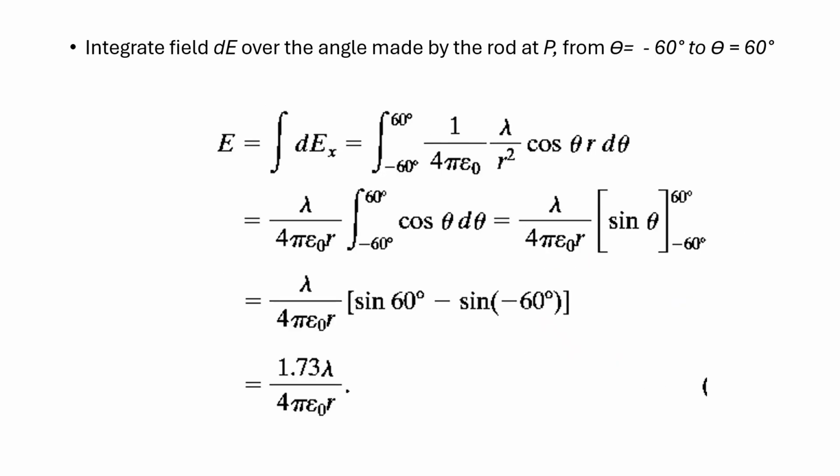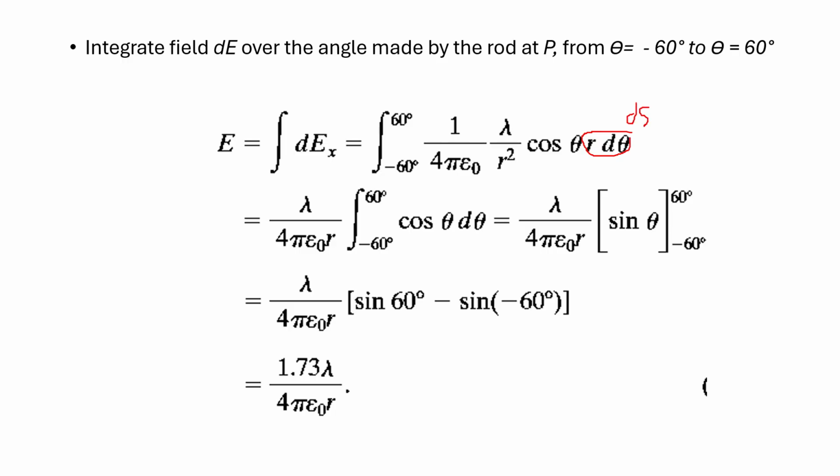Integrate the field over the angle from negative 60 degrees to 60 degrees. So we use the integral of 1 over 4 pi epsilon naught lambda r squared cos theta r d theta, because we substitute for ds. That's why here we have r d theta.